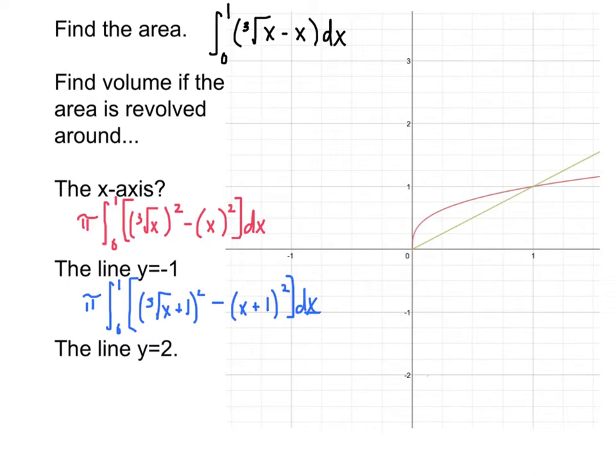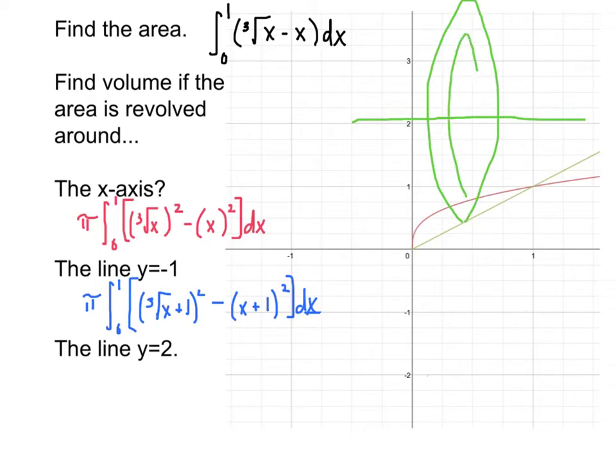Okay, so revolving around the line y equals 2. So now we're going up here, like that. So now we're rotating up, like that. Now remembering that a function tells us how far off the axis we are, I want to know how far the function is from 2.